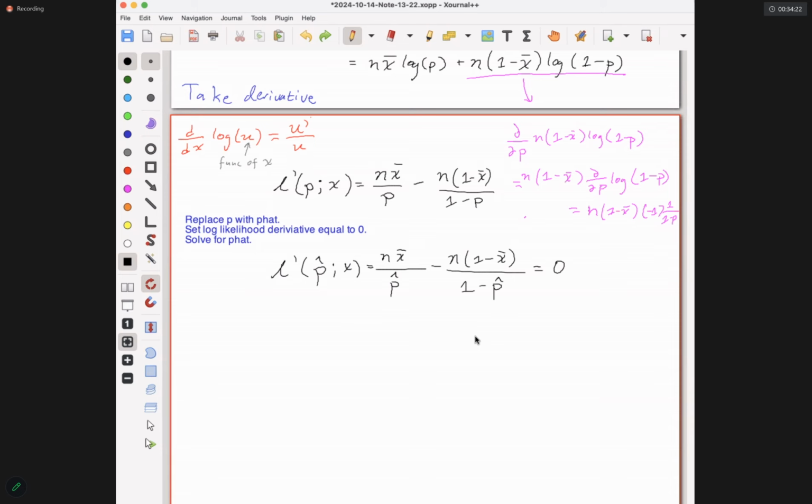This is just a matter of algebraically solving this equation.